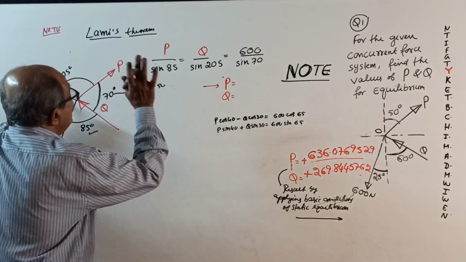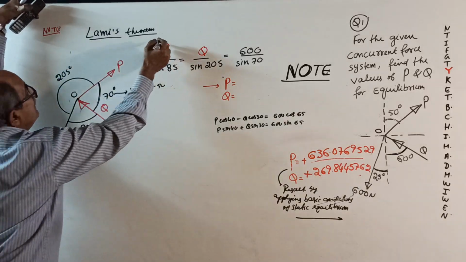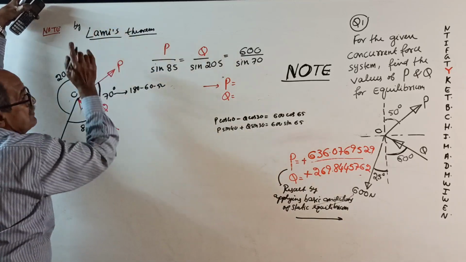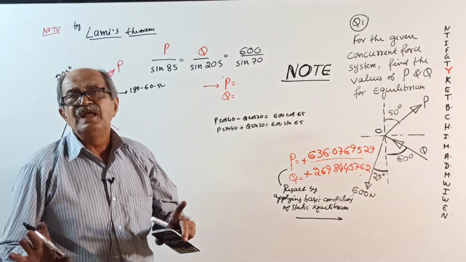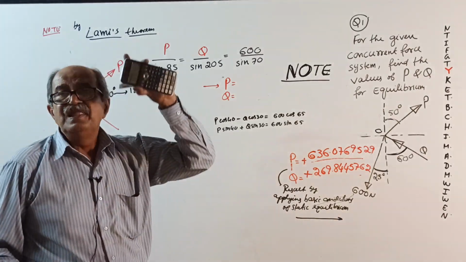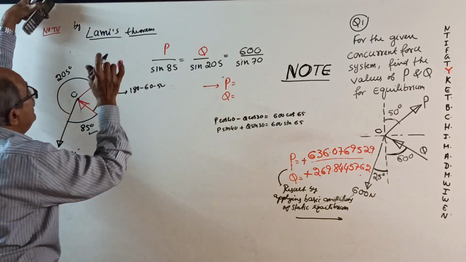Okay. Now Lami's theorem: remember I am doing this in advance, so today you don't bother. Just understand a little, later you study once again. By Lami's theorem, I won't put the whole statement.